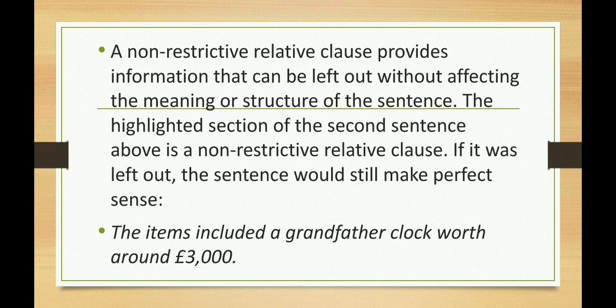But a non-restrictive relative clause provides information that can be left out without affecting the meaning or the structure of the sentence. For example, we have the highlighted section of the non-restrictive clause in the previous example. If it was left out, the sentence would still be perfect.